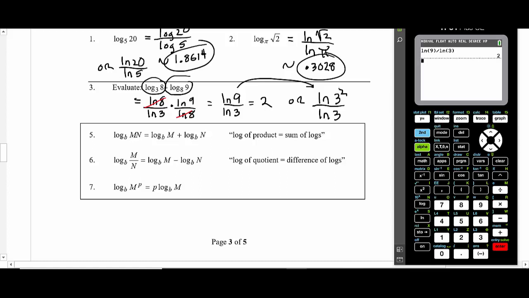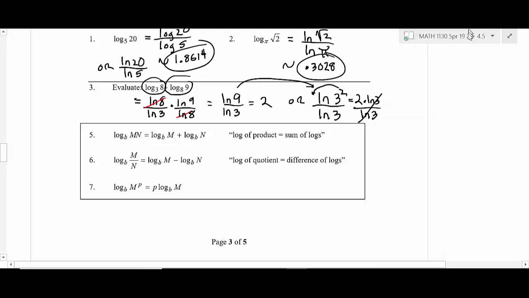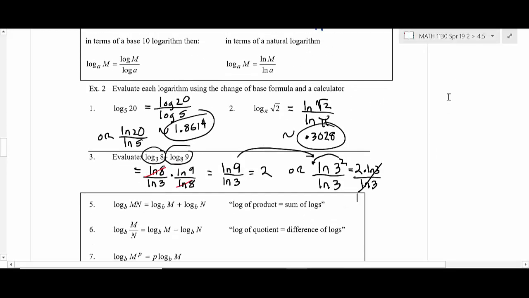Then we have a property that says that 2 comes down in front to leave 2 times ln 3 over ln 3, so that's how you get a 2 out of that. Okay, calculator would certainly figure that out for you, but you can do that whole problem by hand. And it's just the fact that the 9 is a power of 3, that's why it worked out the way it did. Okay, any question about the change of base formula?